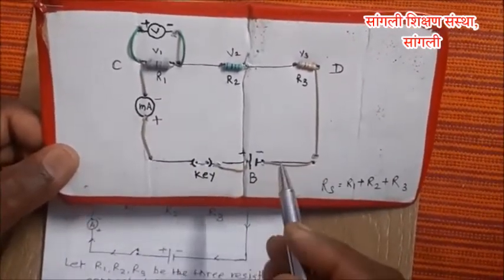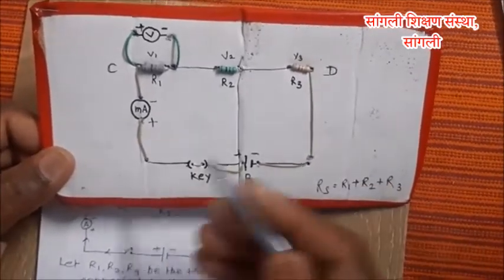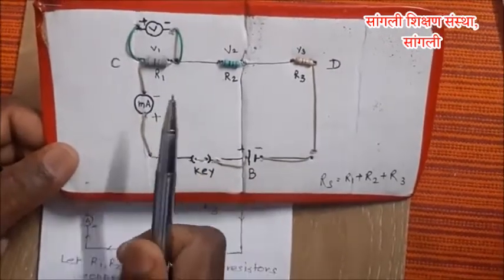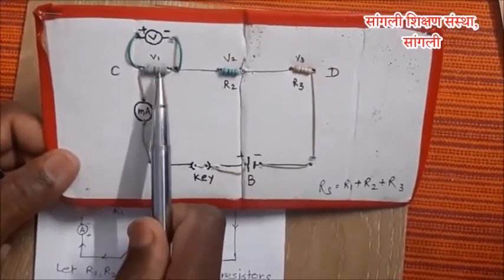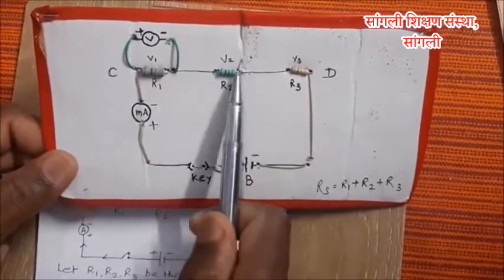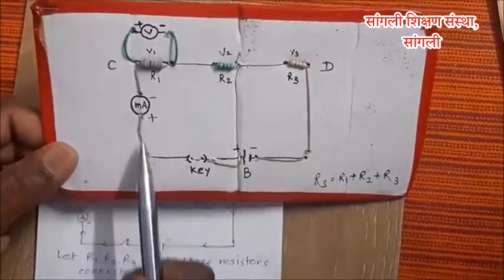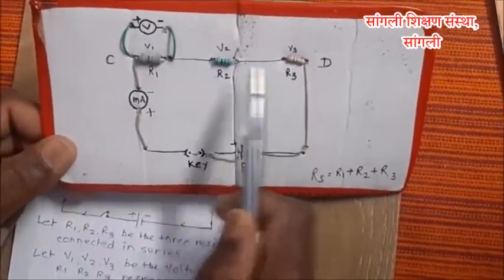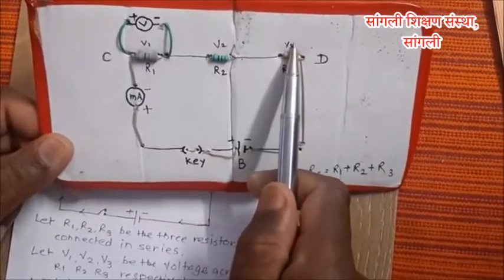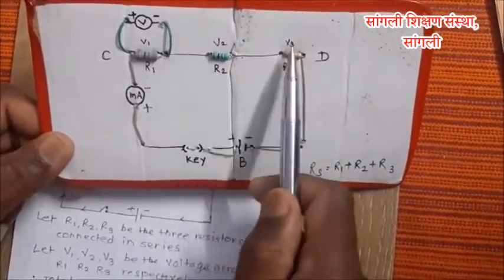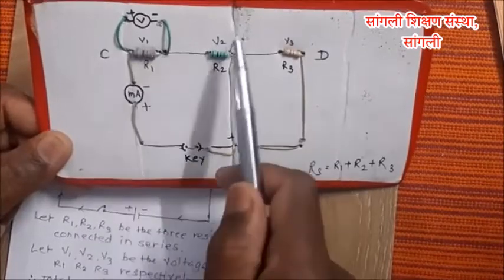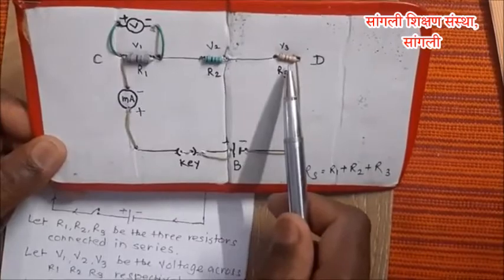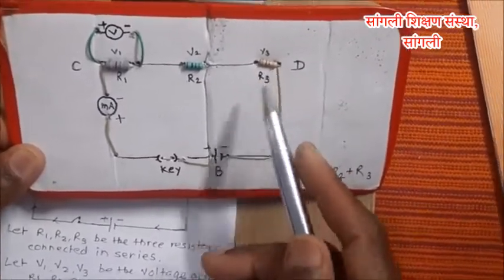What is the definition of resistance in series? How will you define this? Very simple: when the resistances are connected one after another in such a way that the current flowing through each resistance is the same and the potential difference produced across each resistance is different, such an arrangement of resistances is called resistance in series.